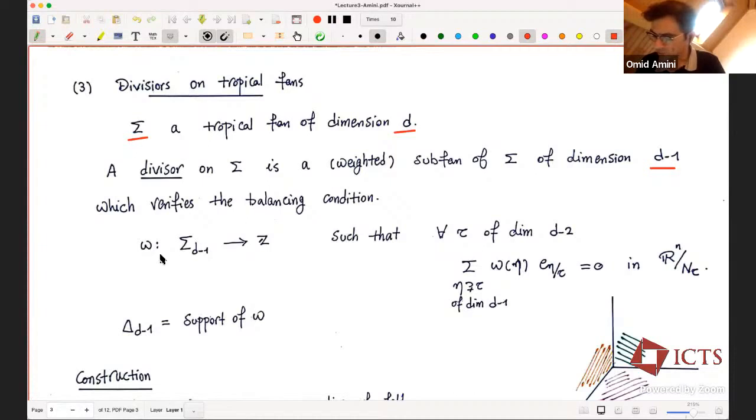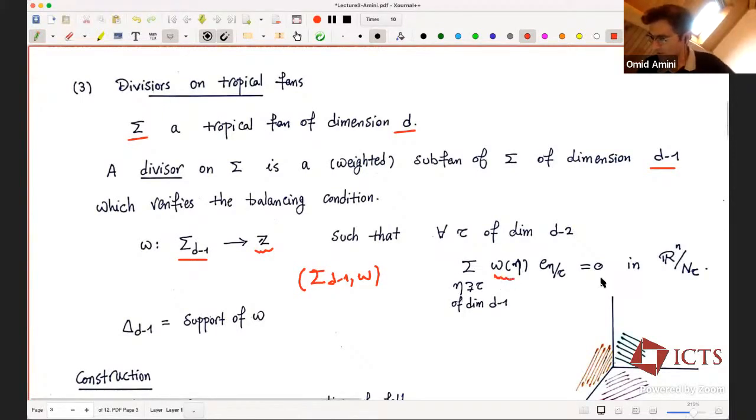This means that you take a weight function which is defined on dimension d minus 1 cones of your fan, and which takes integer values, and you ask that sigma d minus 1, when it is endowed with this weight function, verifies the balancing condition. But this time, the balancing condition refers to the weighted balancing condition, okay? Because there is this weight.